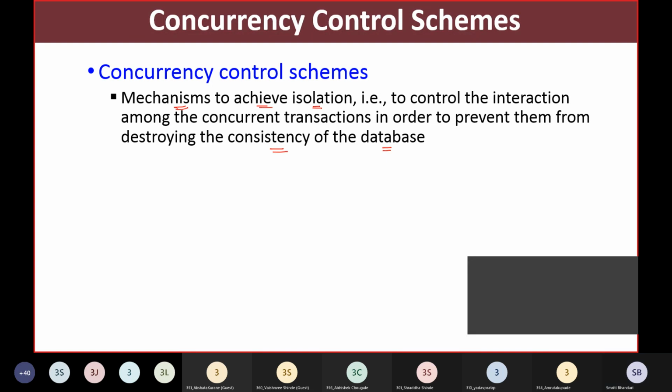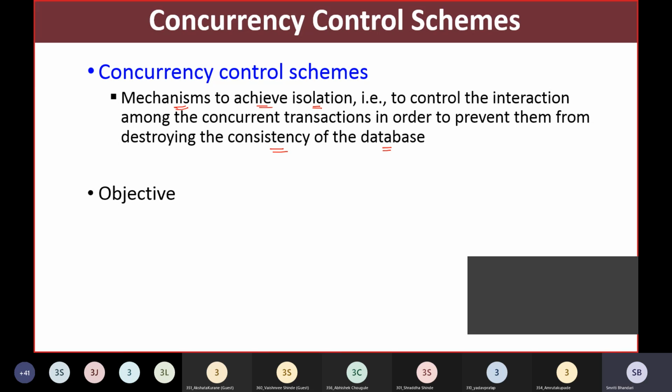So to avoid such inconsistency in the database, we need to control the interaction among the concurrent transactions, right? And such mechanisms that we are going to devise to achieve isolation are known as concurrency control schemes, right?